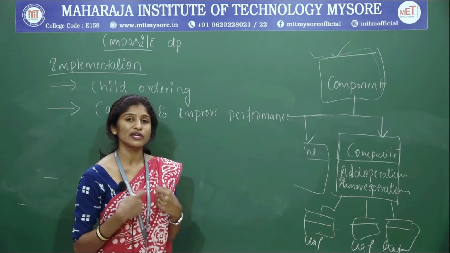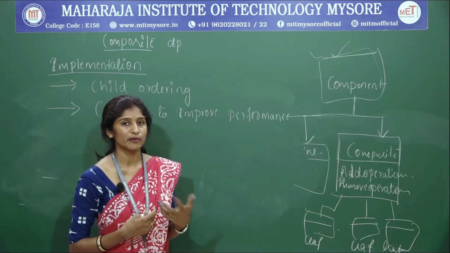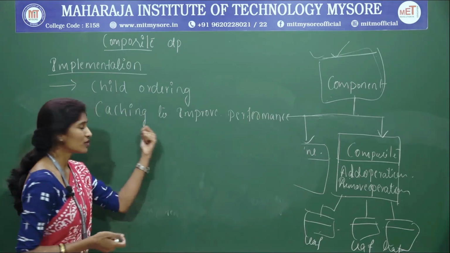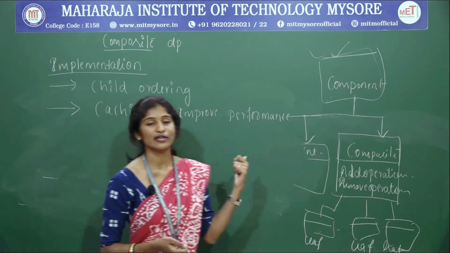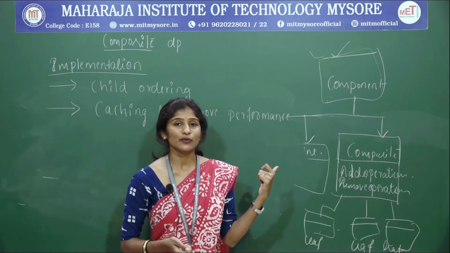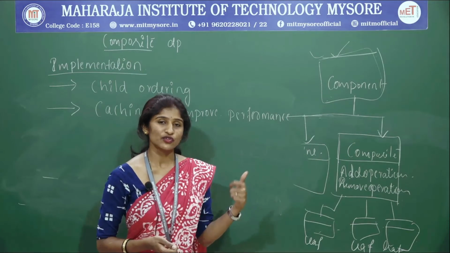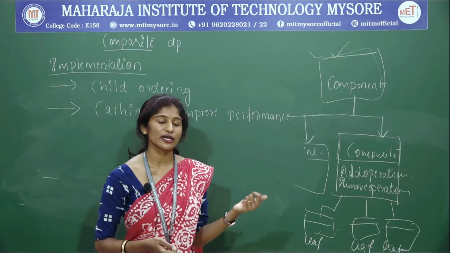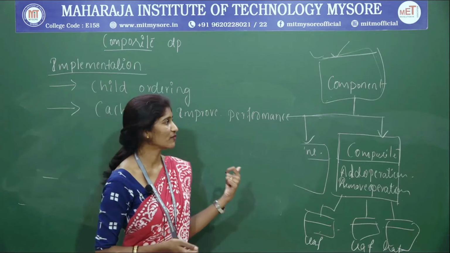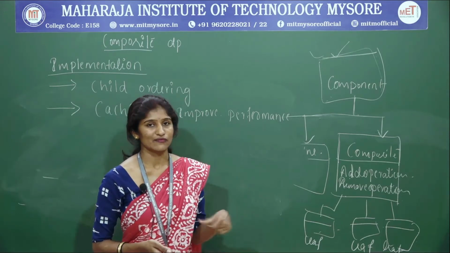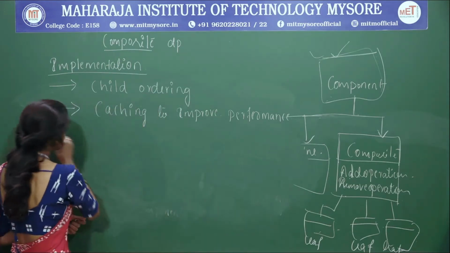So if you follow caching, it will increase the performance. Traversing and searching are usually done in a recursive way, so in those situations caching will be helpful. We'll see the next one.